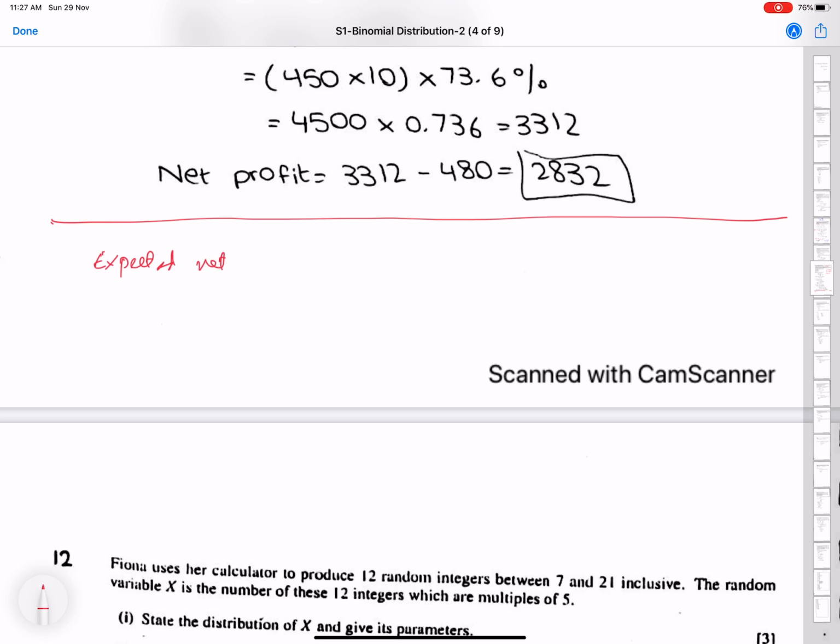Expected net profit will be gross profit, which is selling price, into profit percent, which is 0.736, minus cost, which is 480, and your answer will be 2832. This is the expected net profit.